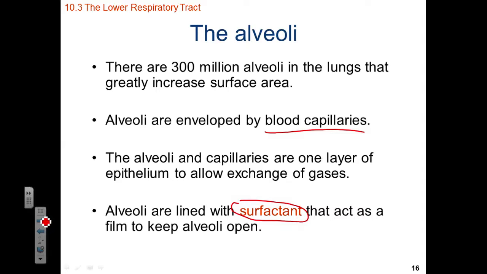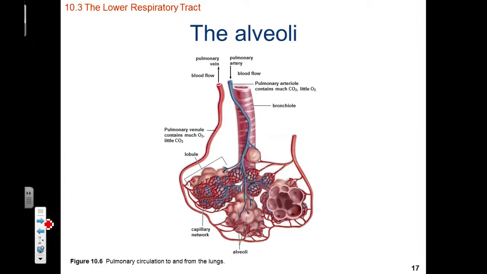In other words, this surfactant helps our alveoli to stay inflated or stay open. Surfactant is one of the last things that we start to produce in our lungs before we are born. And a common problem for prematurely born infants is that they do not have enough surfactant in their lungs, and they'll end up with a condition known as respiratory distress syndrome because they have a hard time opening their alveoli.